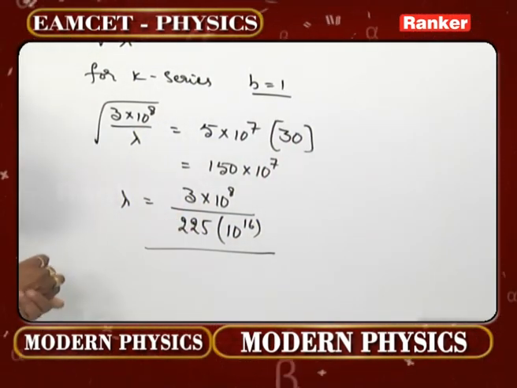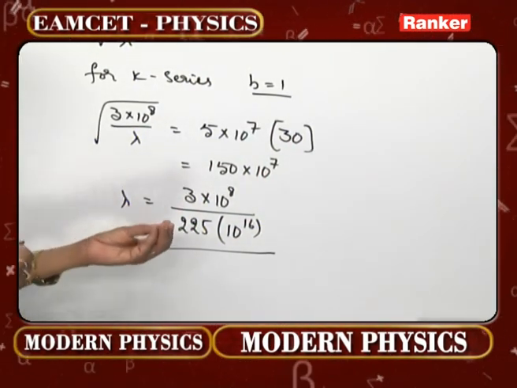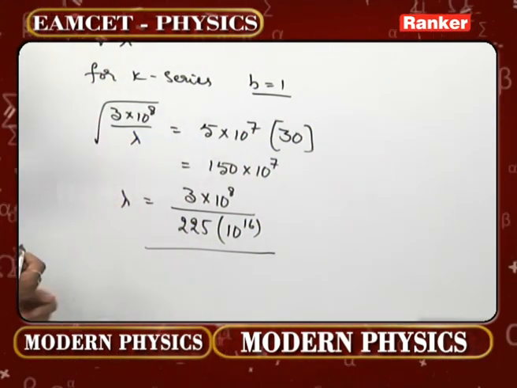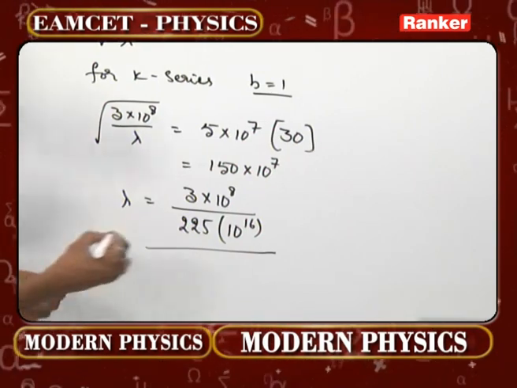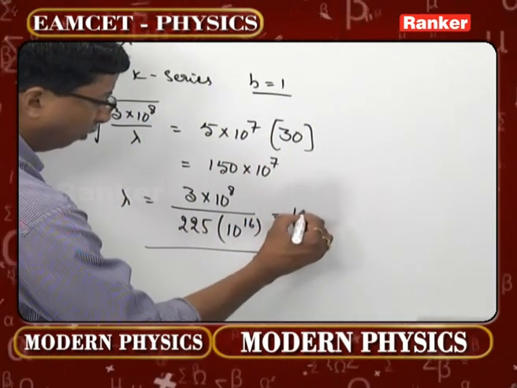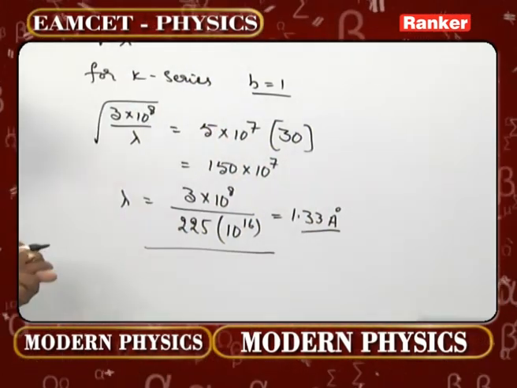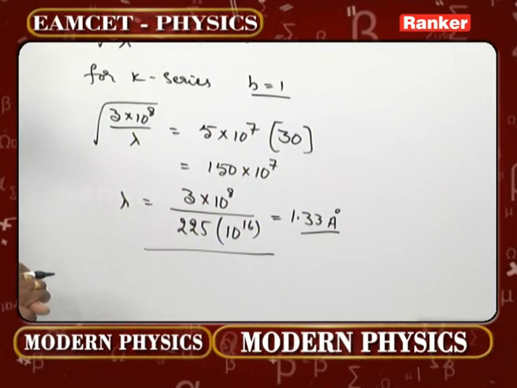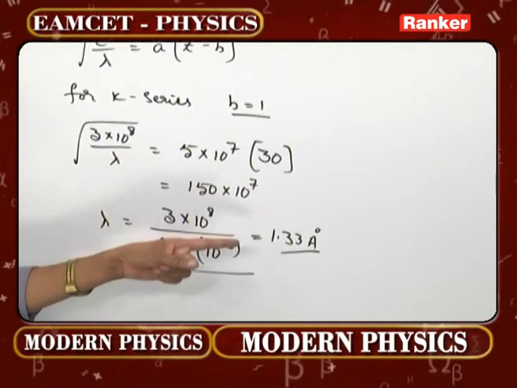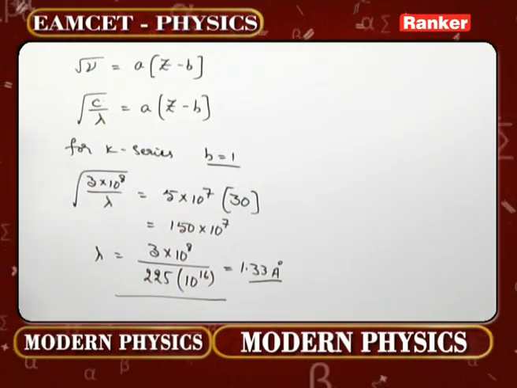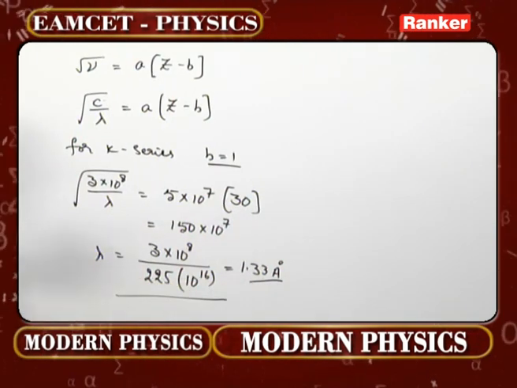Now simplify this whole lot. Whatever value of lambda you get, that will be the corresponding wavelength of the K alpha line. That now comes to around 1.33 angstrom units. That means you will be left with 1.33 into 10 to the power minus 10. That 10 power minus 10 is automatically called 1 angstrom. That is a conversion every one of us knows.